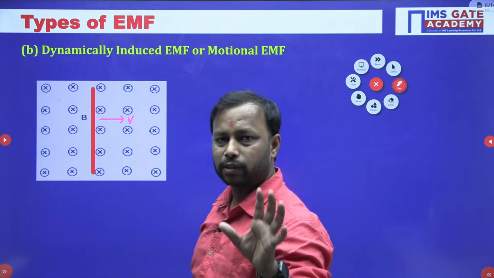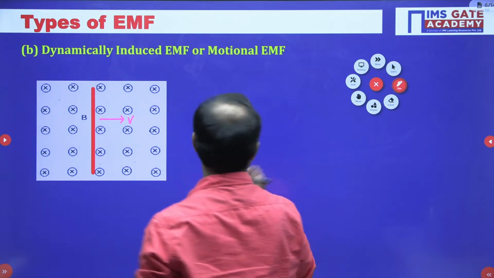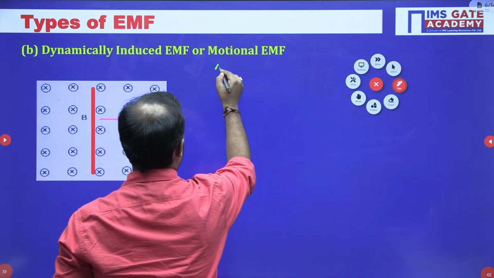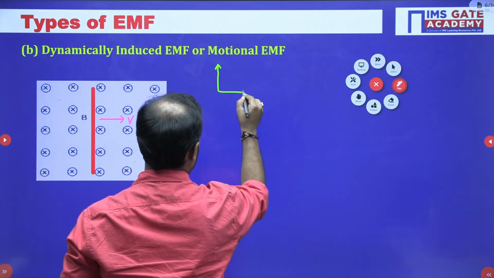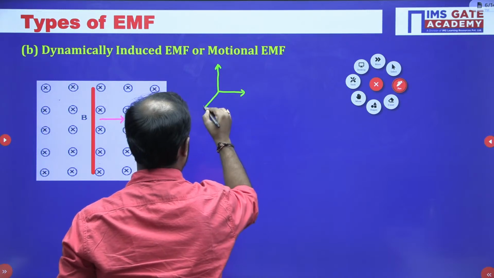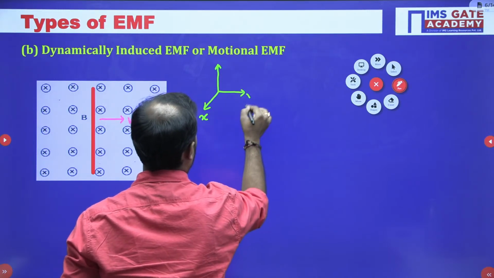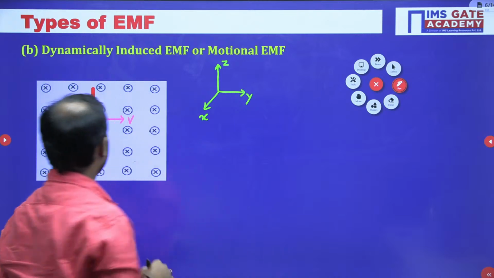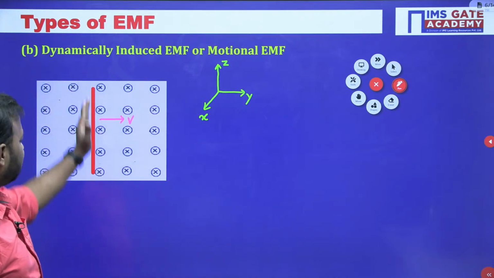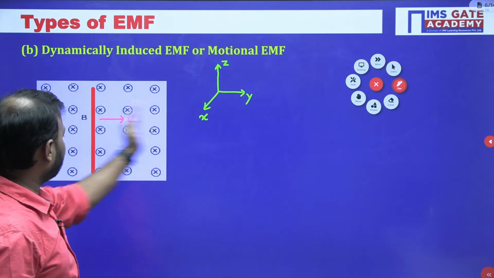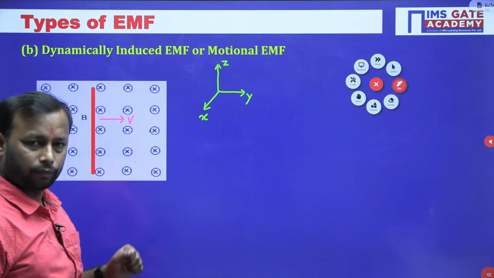For simplicity, let me take the XYZ plane. So this is X, Y and Z. Now see here, this is your conductor, and this conductor is moving in a magnetic field.